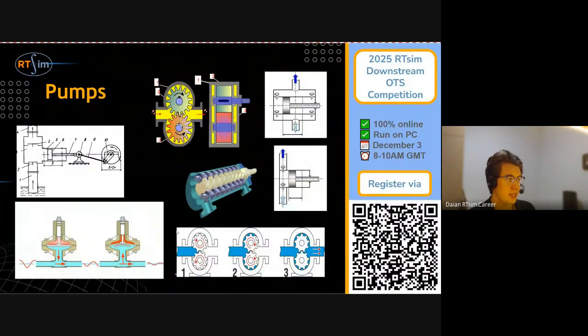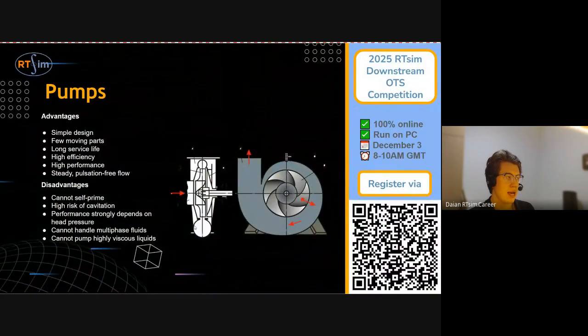But a lot of oil refineries use only centrifugal dynamic pumps, and in dynamic pumps energy is transferred to the fluid by forces acting on it within a working chamber that is continuously connected to the inlet and outlet of the pump.